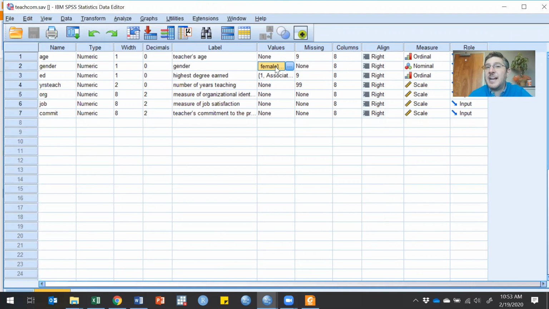Typically, whenever I have a binary variable, especially for regression analysis, I really like my binary variables coded 0 and 1. And then I like to name it the code that's 1.